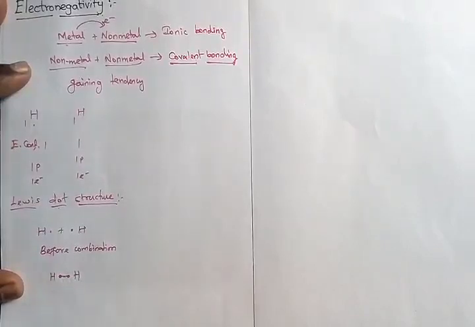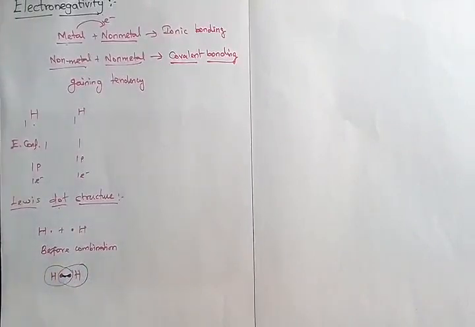The bond will be formed like this between the two atoms. Now you can see clearly the both electrons belong to this hydrogen atom as well as this hydrogen atom. So this is an idea.